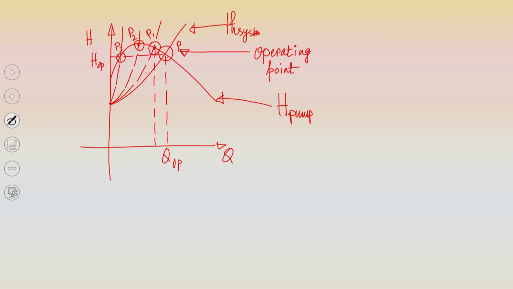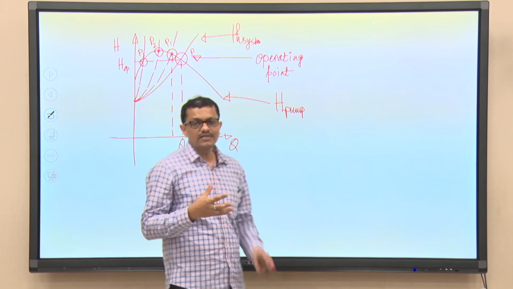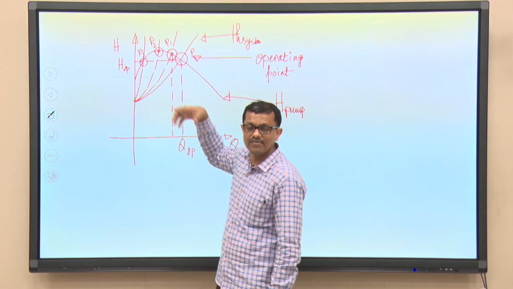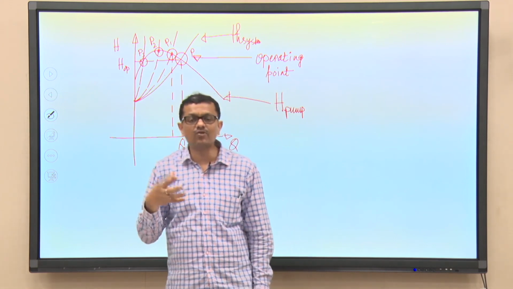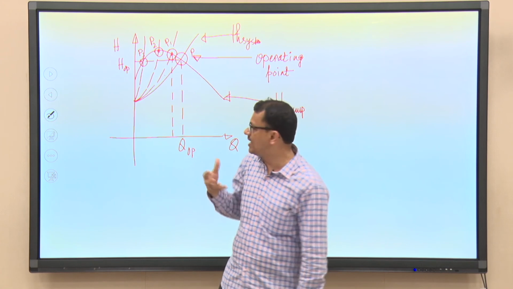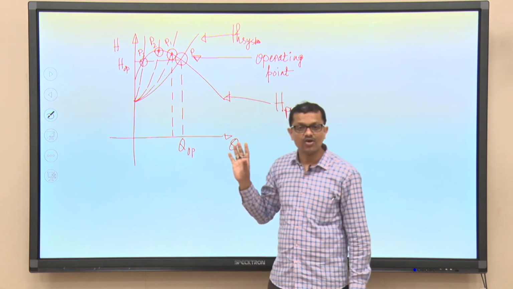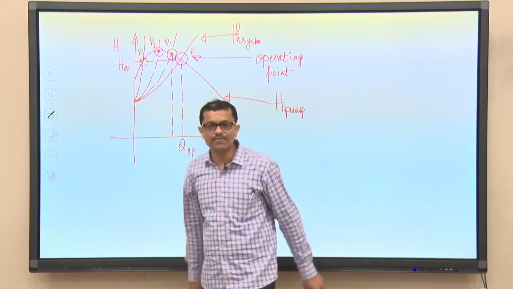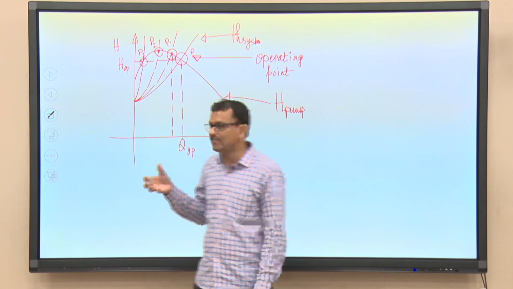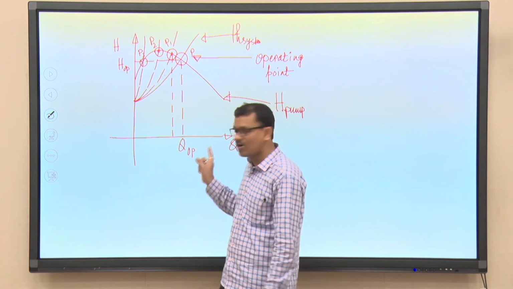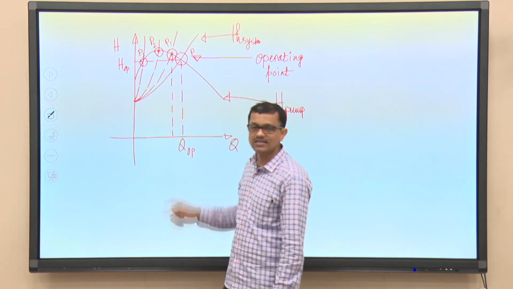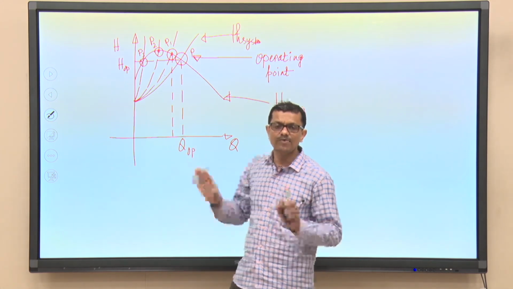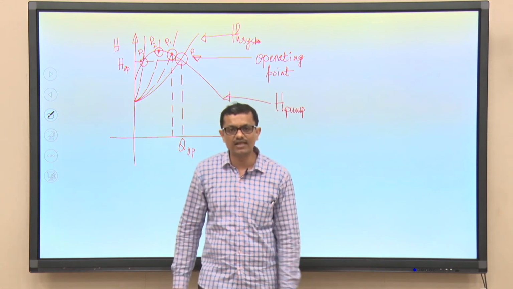The pump is designed, because whenever we need a pump, we need to provide data to the pump designer that we need discharge and head. Of course, the pump should be able to provide plus minus 25% of its rated discharge. So, if the pump is designed to provide discharge Q operating, then plus minus 25% of this value the pump will be able to supply without any difficulties.